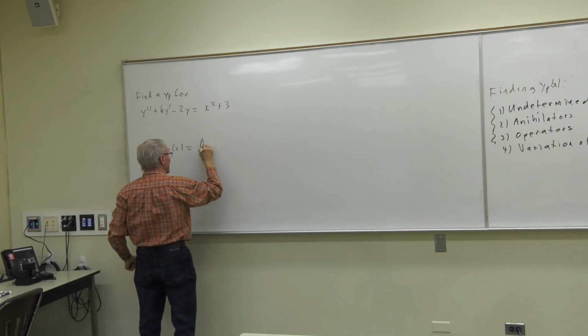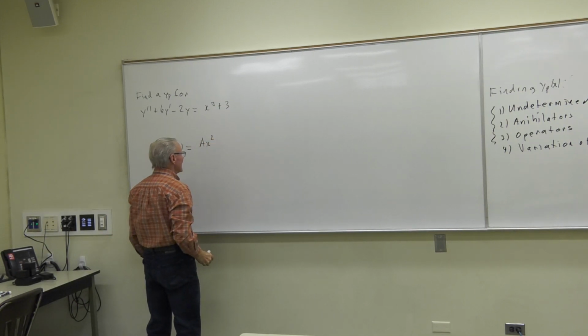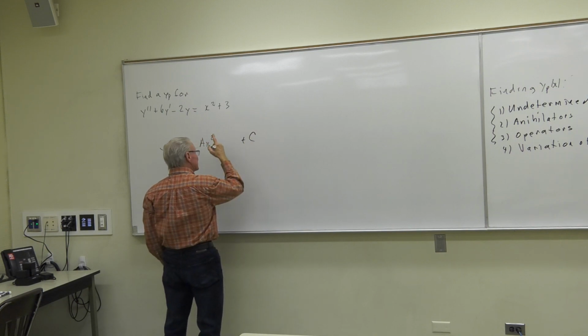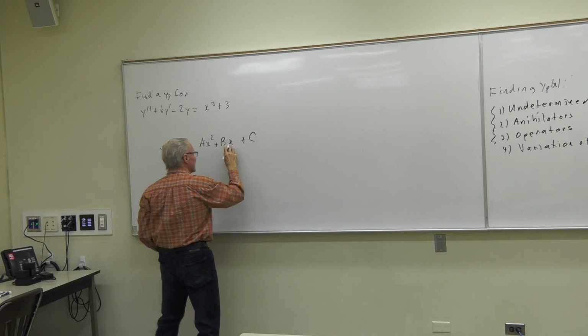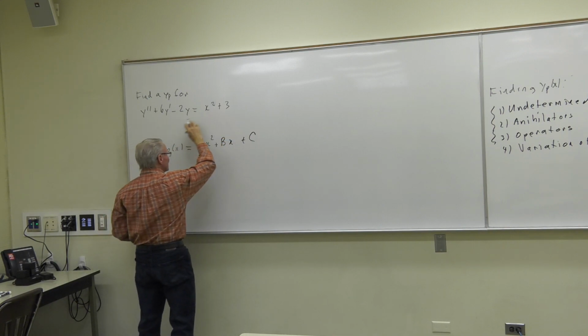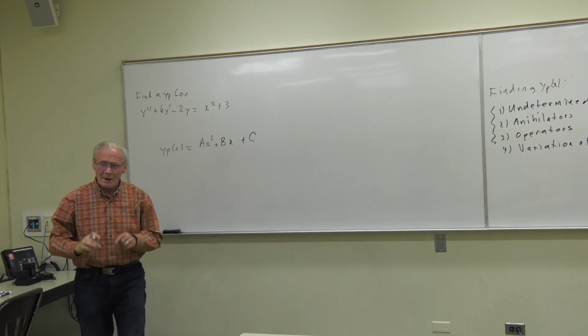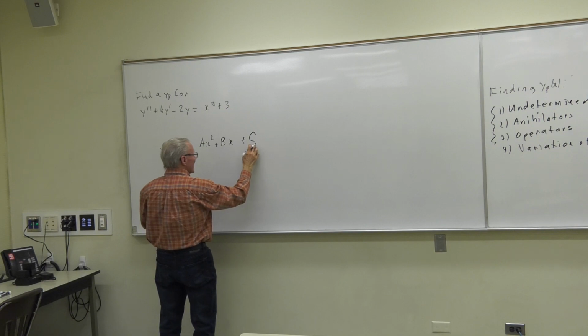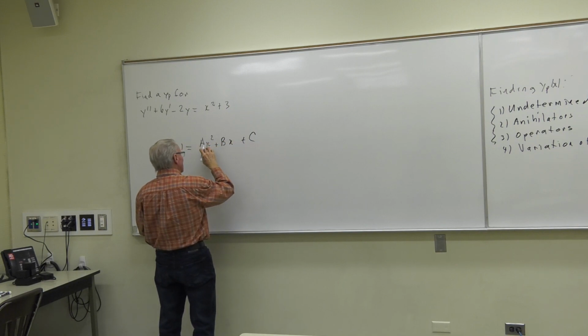So I think I'll put an ax squared. I think I'll put a c here. There's no x's there, but I think I'm going to put in some x's, because x's would also give me those kinds of things. Just to be safe. I don't know whether I need this. I don't know whether I need that. I for sure know I need this.